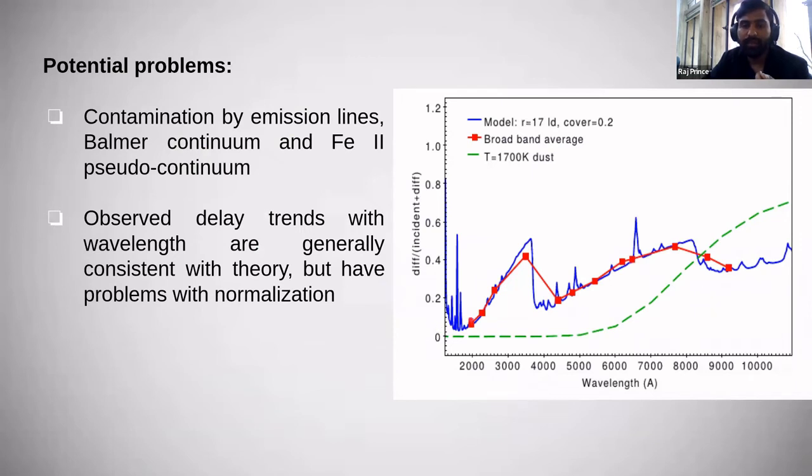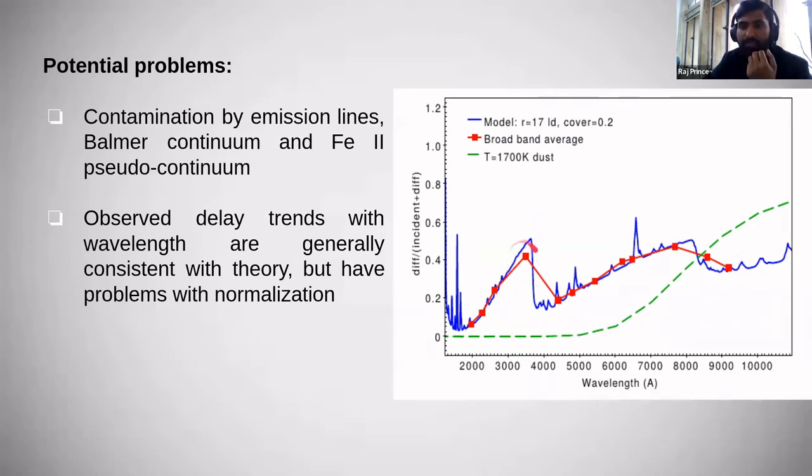Currently we are also doing some tests for this, and we are developing a model where we can somehow separate this part, which is the bump here, around 3,500 angstrom, and that is from contamination from the broad line region.